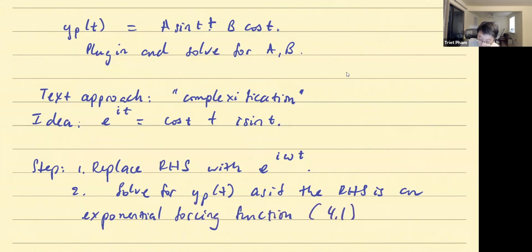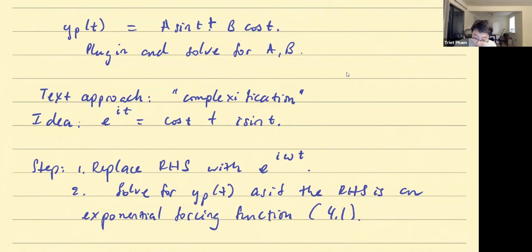In other words, the 4.1 technique. What do I mean by as if? Because this i is an imaginary number, it has special meaning. But in step 2, you ignore that and just treat it as a symbol, like a coefficient.